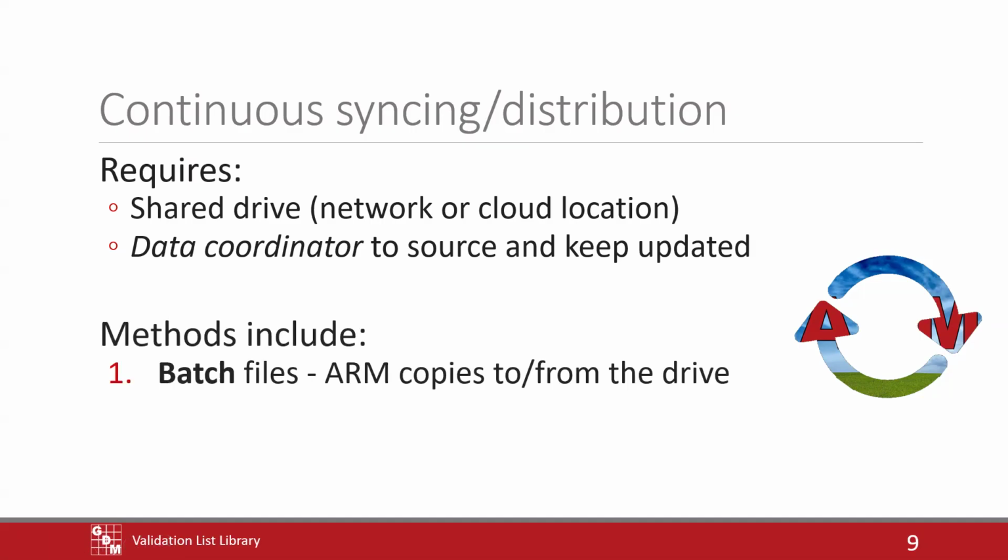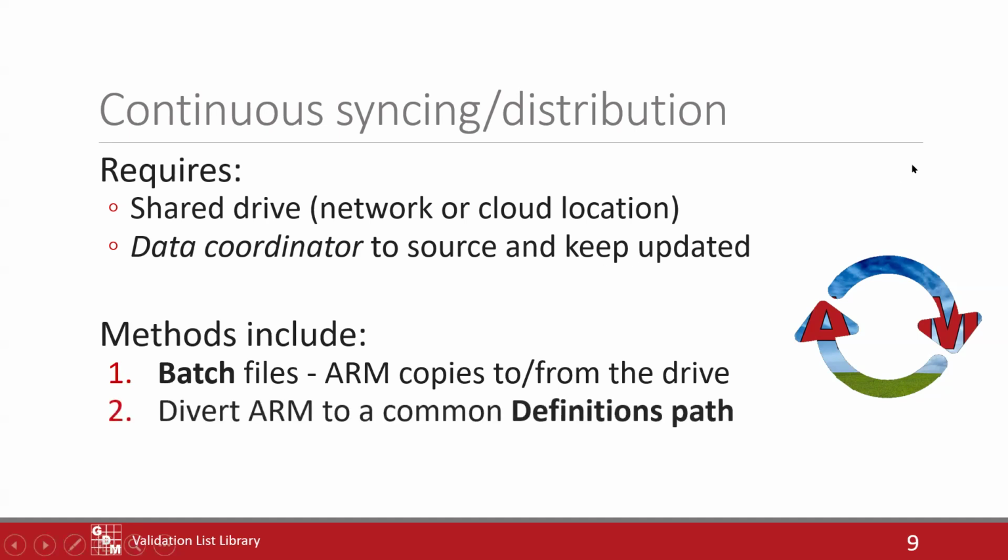So there's really three different methods that we'll talk through for this. There is a system of batch files that we can create for a company, and basically that just allows ARM to copy to and from that shared drive, bringing the lists, distributing the lists, and bringing them back in on the other people's computers.